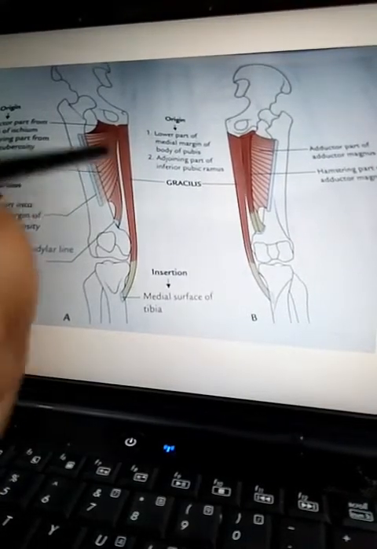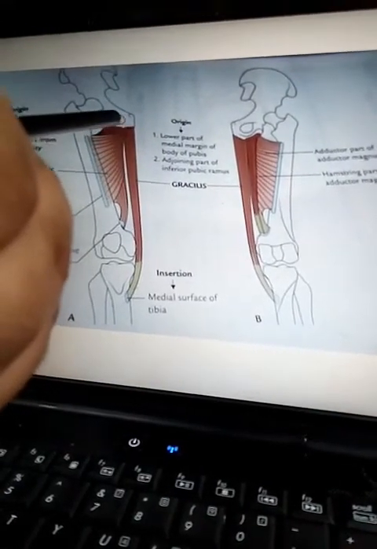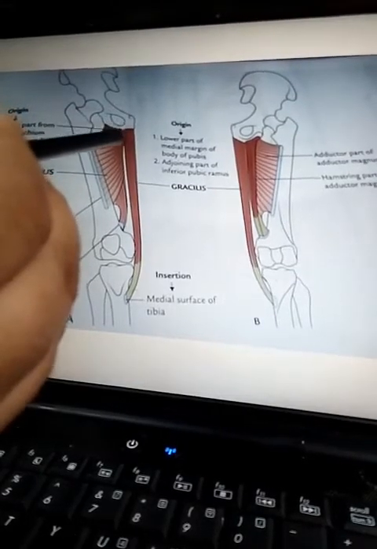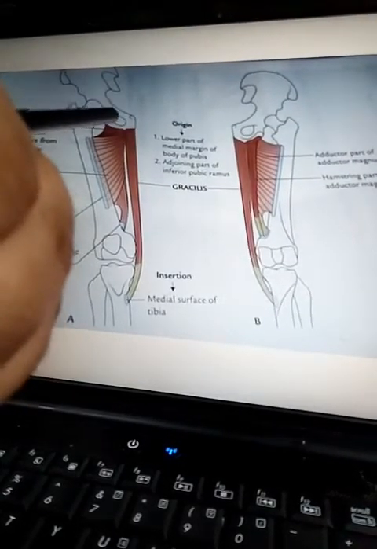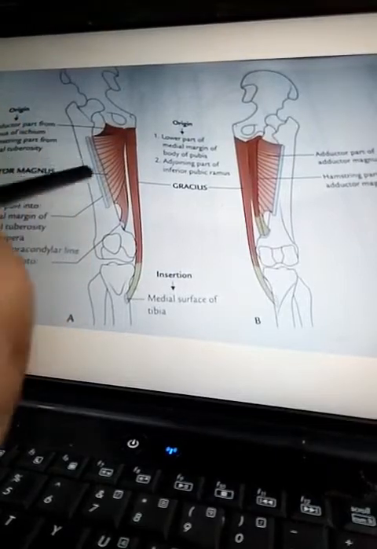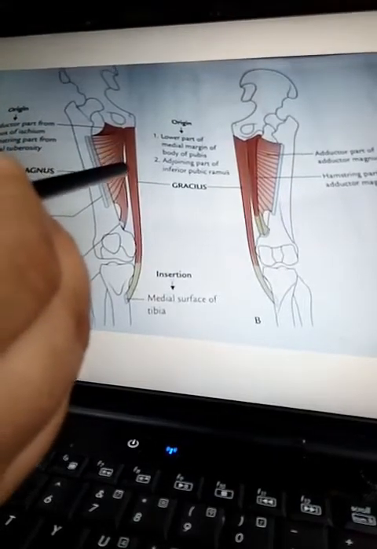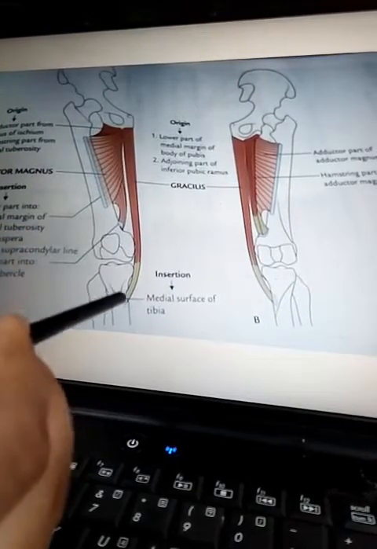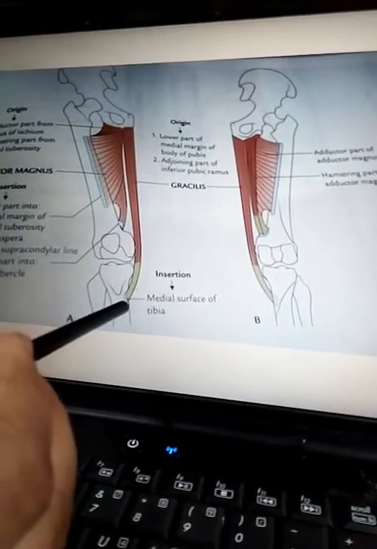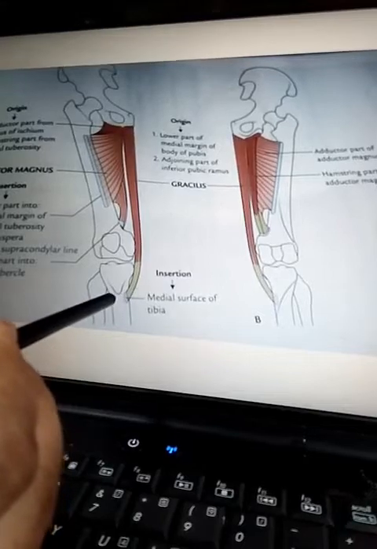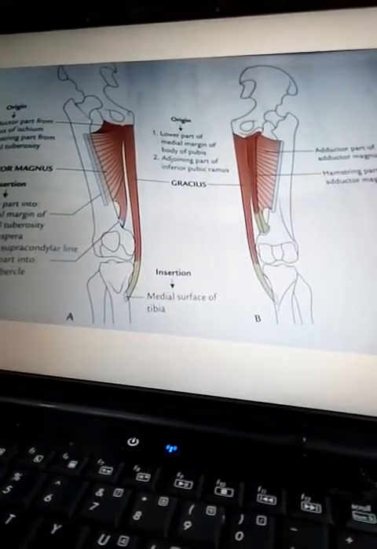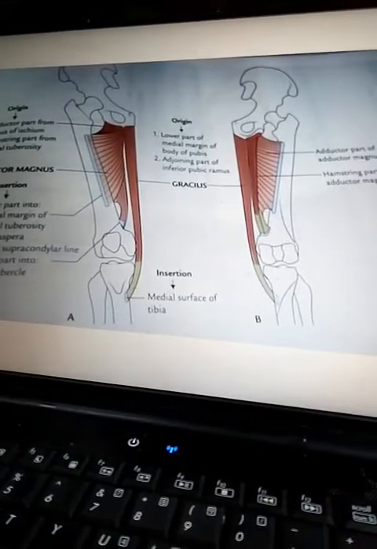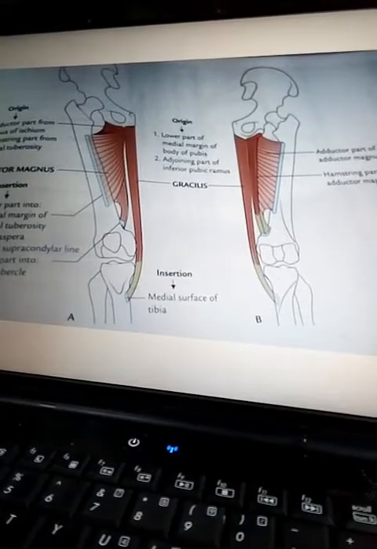It arises from the medial margin of the lower half of the body of the pubis and adjoining anterior part of the inferior pubic ramus. It passes downwards vertically on the medial side of the thigh to the upper part of the medial side of the tibia, where it is inserted between the insertions of the sartorius in front and semitendinosus behind.